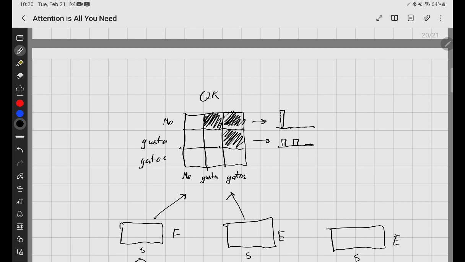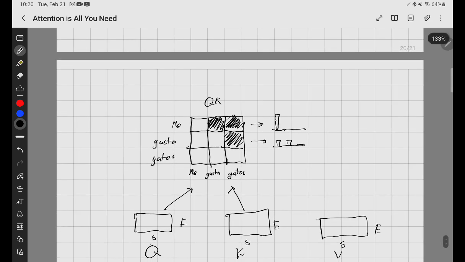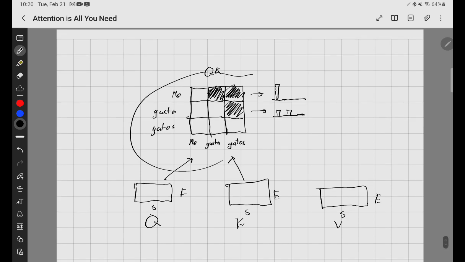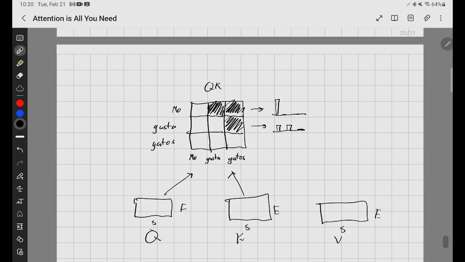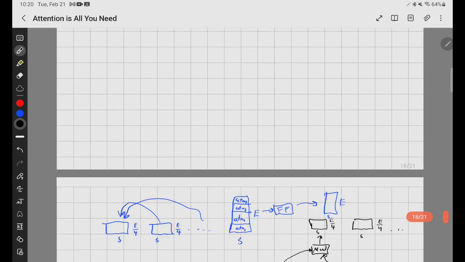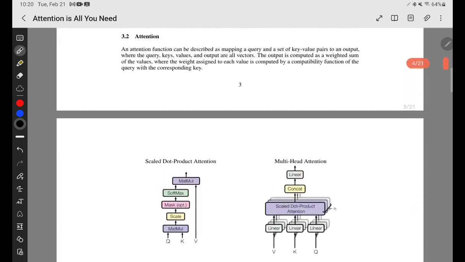So we're simulating generation, but in parallel, because remember, this matrix is computed given the sequence me gusta gatos.